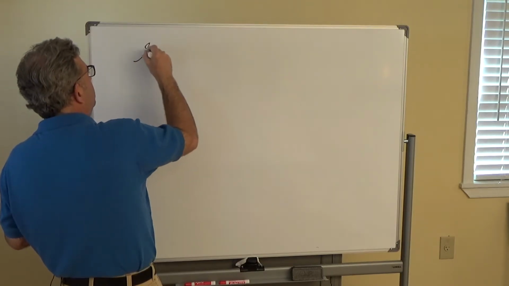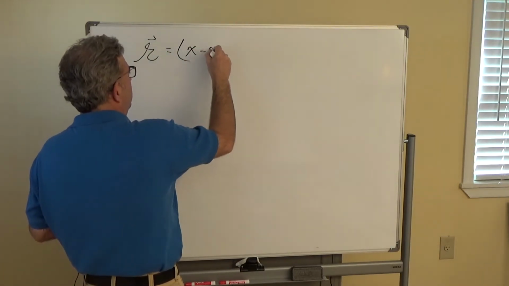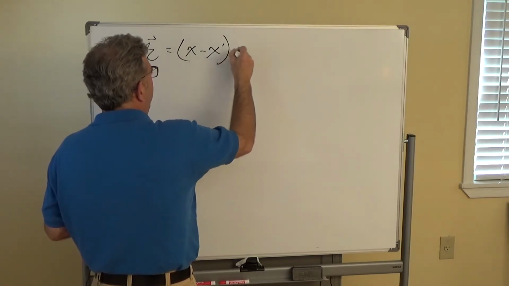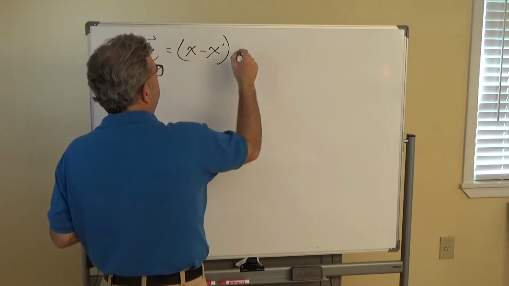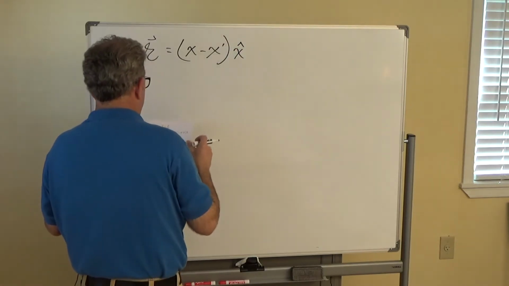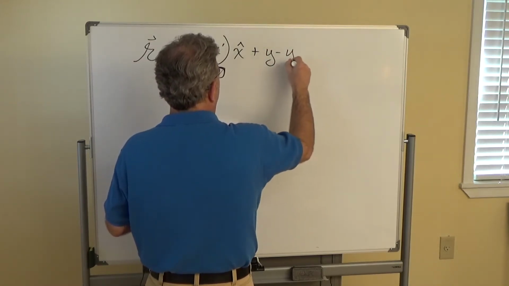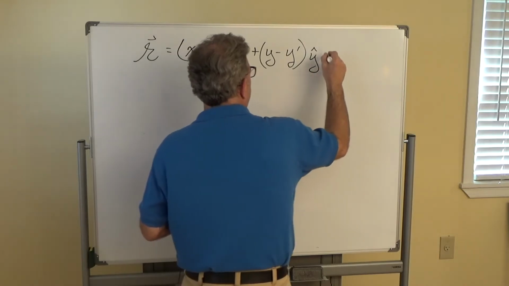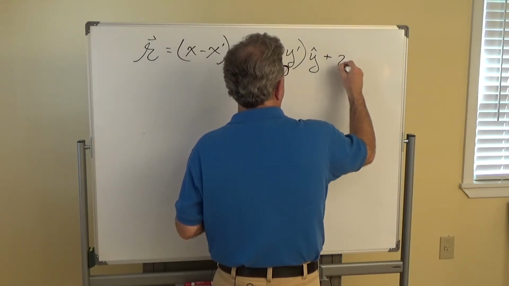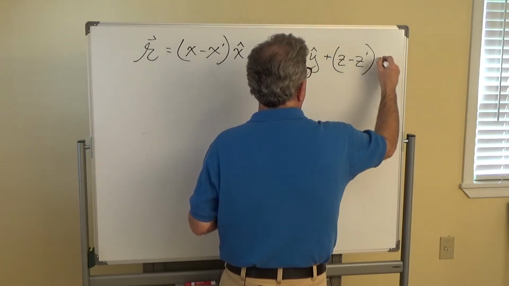Recall, script r, the vector, is equal to x minus x prime x hat, plus y minus y prime y hat, plus z minus z prime z hat.